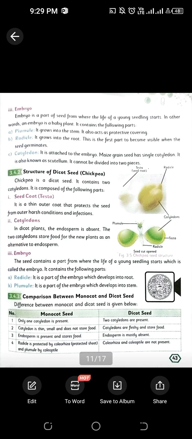Dicot seeds are fleshy, thick, and they store food through two cotyledons. Monocot seeds have endosperm, dicot seeds do not have endosperm. Then monocot seeds have radicals, and dicot plants do not have radicals.